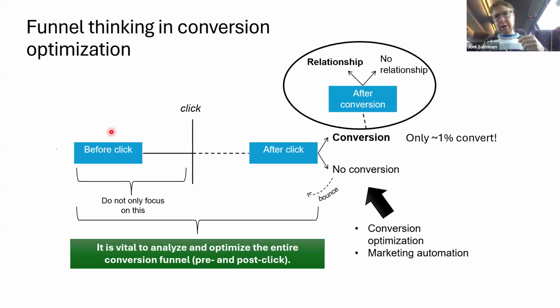So before the click, we can do better targeting with our advertising. We can be more informative. We can try to find people with the right intent, again, through targeting, and we can improve our marketing variables there, like copy texts and pictures and so on. So there are a bunch of things we can do for conversion optimization already in the advertising platform.